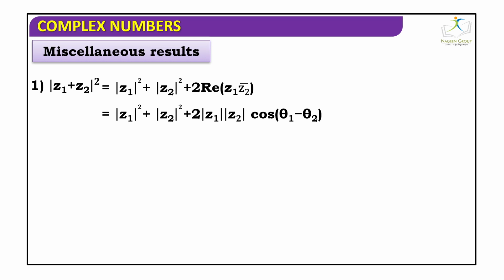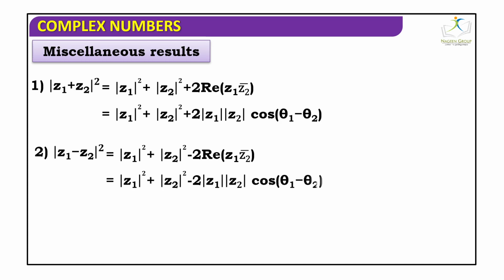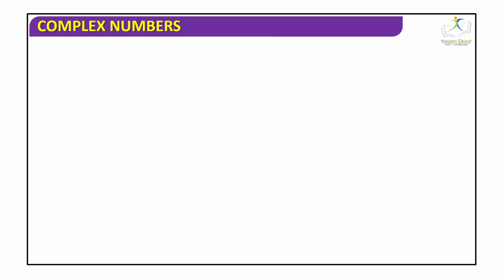Similarly, modulus of z1 minus z2 whole square is z1 square plus z2 square minus twice modulus z1 modulus z2 cos of (theta 1 minus theta 2), where theta 1 is the amplitude of z1 and theta 2 is the amplitude of z2.